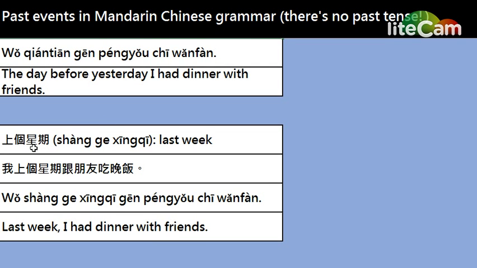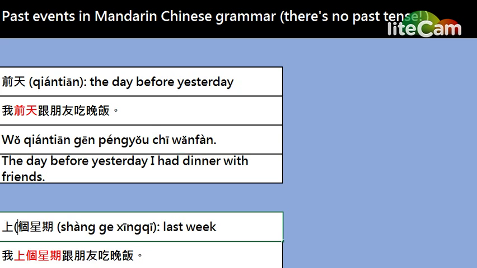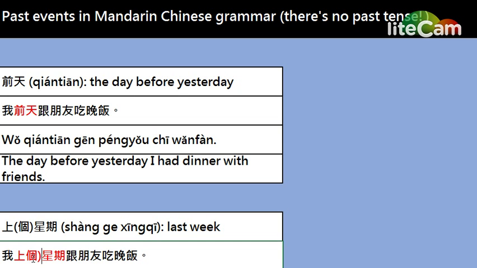And for this sentence, 上星期我跟朋友吃饭. As you can see, it is the same. 前天, 上个星期. Here, for 上星期 or 上个星期, both are valid in Chinese. The rest of the sentence is exactly the same.